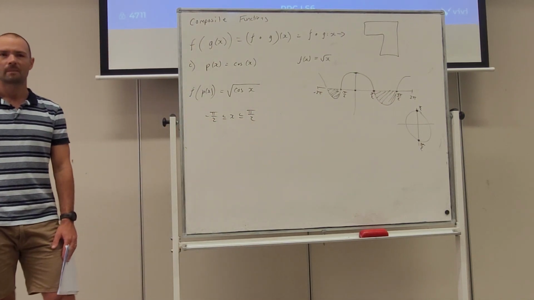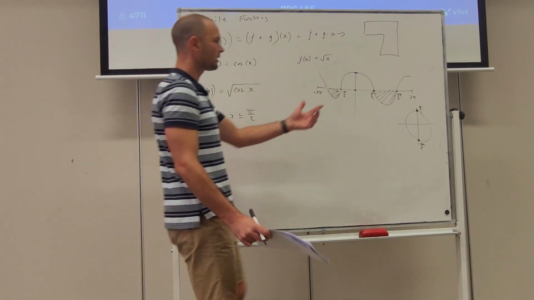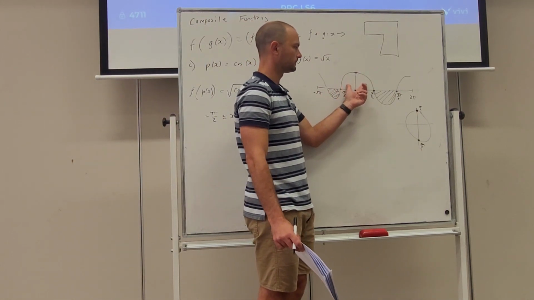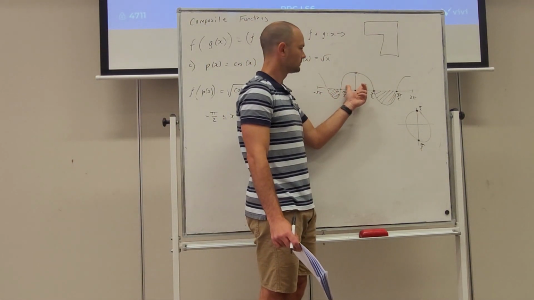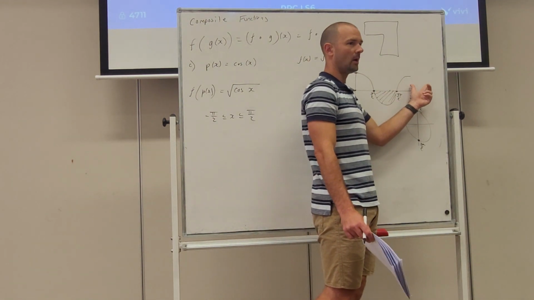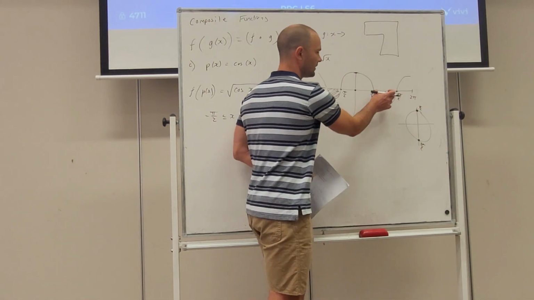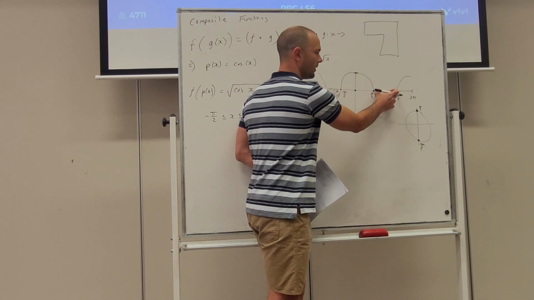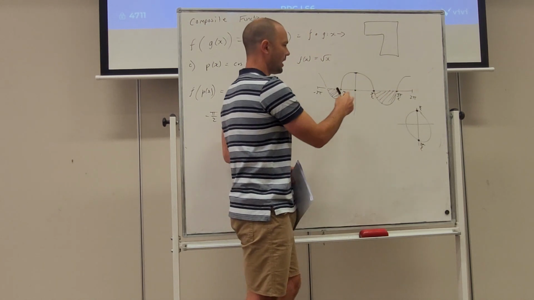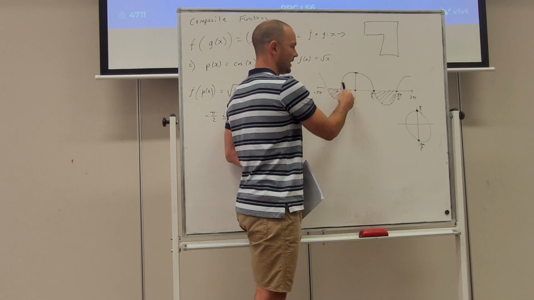And then, how far along is the next one going to occur? 2 pi. So you're correct, the distance from there to there is pi, but they're not the same root. If we just add pi, then we're going from there to there.